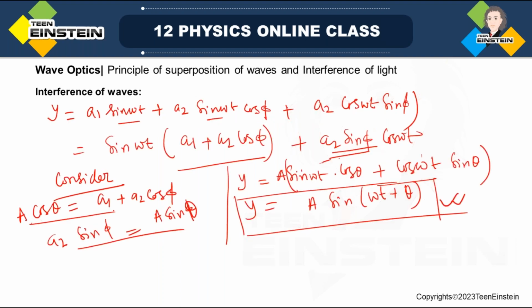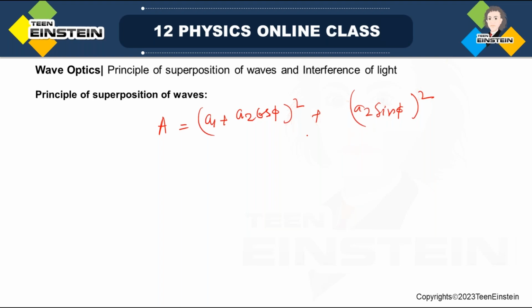I have to find out what is A. This is the resultant wave we have got. If you just do this, you get A1 square plus A2 square, and then 2 A1 A2 cos phi. So this is what you get, right?